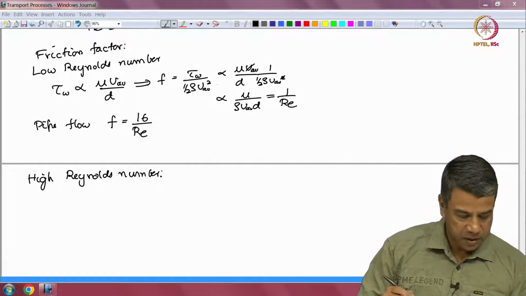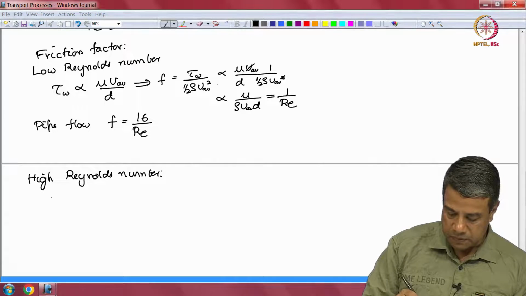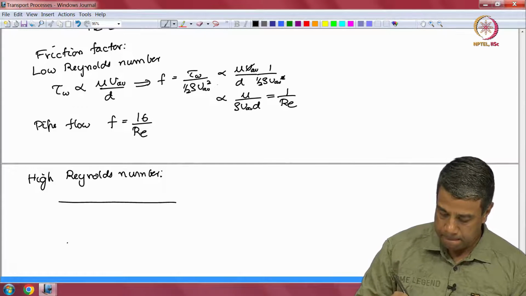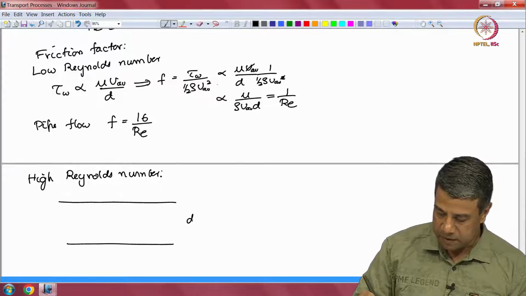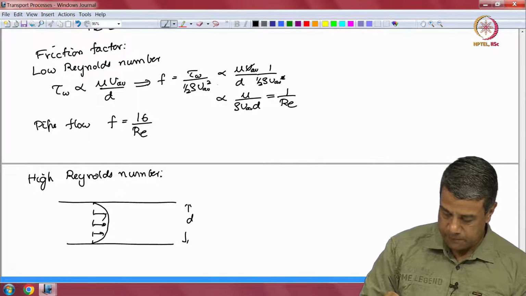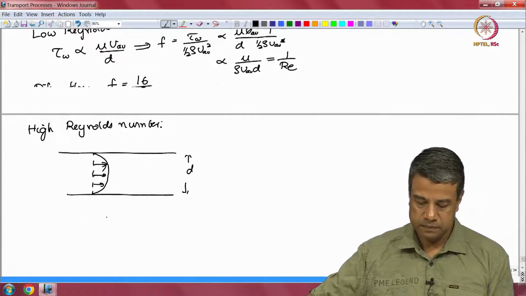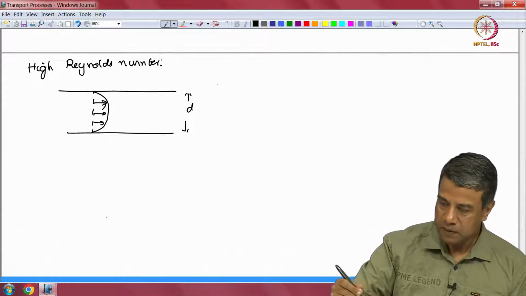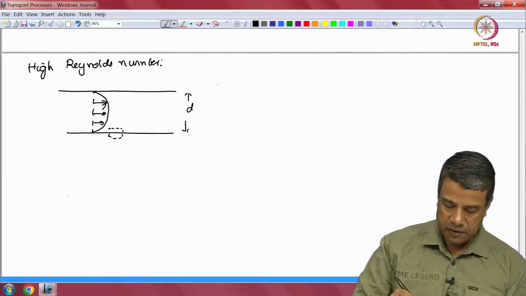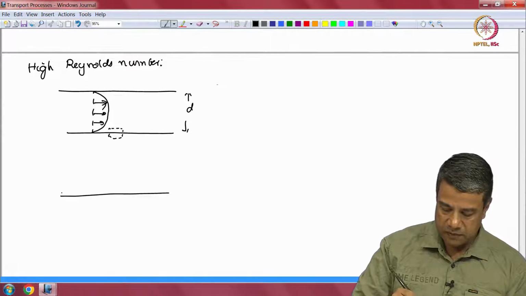So, if I have a pipe flow of diameter d, and if I focus close to the wall of the pipe, in general, every pipe wall will have some amount of roughness on it.